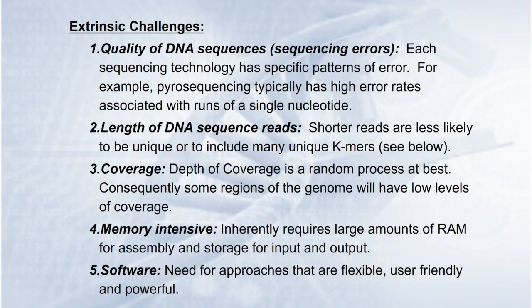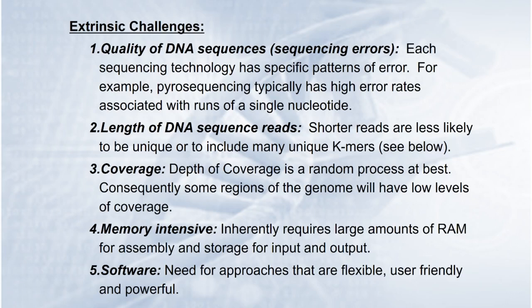Coverage is a random process in general, so there will always be regions of the genome, unless you spend a tremendous amount of time and effort to add sequence, that will be undercovered. Sequences: because of the nature of the process, every one of those k-mers, essentially unique ones, needs to be held in memory for most of these assembly algorithms.